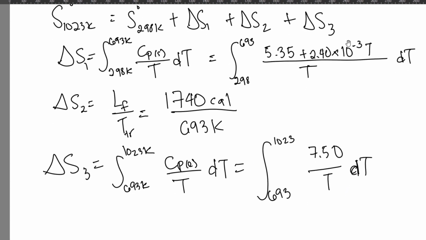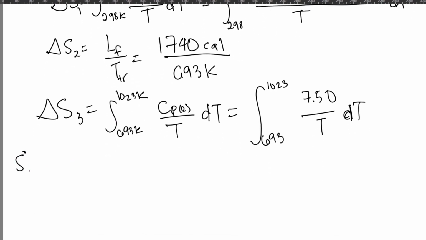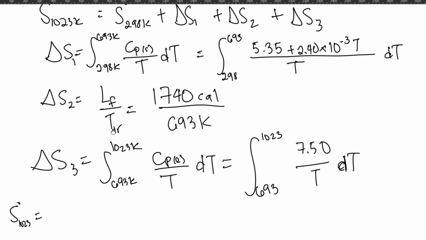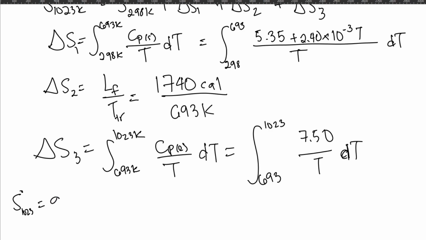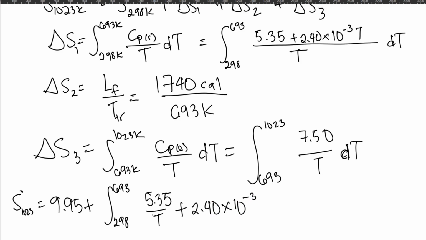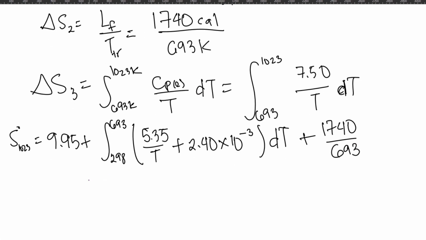Putting all of these into our equation, we'll have S of 1,023 equal to S of 298, which again is 9.95, plus delta S1, which is the integral from 298 to 693 of 5.35 over T plus 2.40 times 10 to the negative 3 dT, plus 1,740 over 693, plus the integral from 693 to 1,023 of 7.5 over T dT.